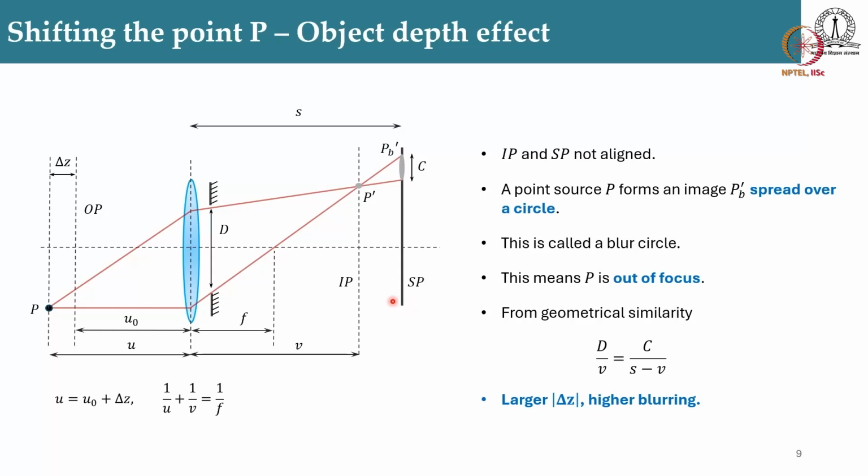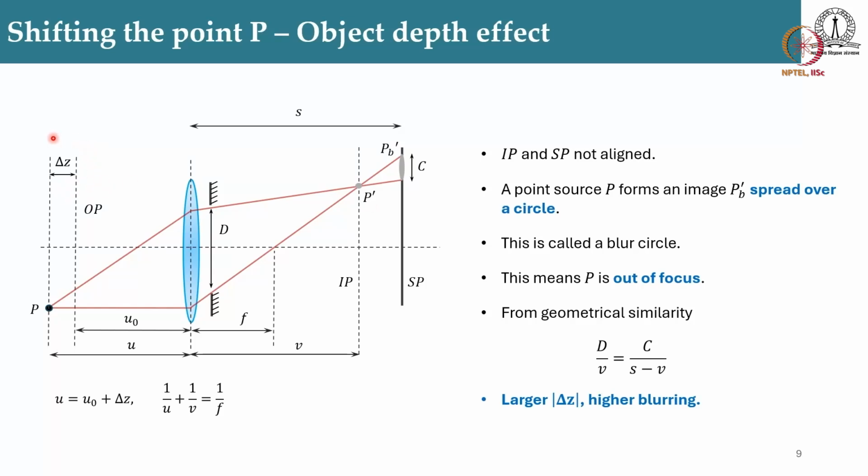So the system is again not in focus, and you can see that these rays, after forming an image here, will cross each other and lead to the formation of a circle, as we have seen in the earlier case also.